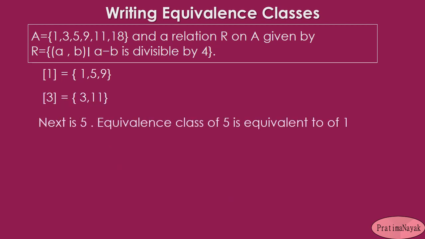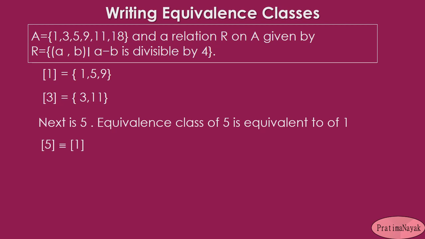So the equivalence class for 1 we wrote, the equivalence class for 3 we also wrote. Next is the equivalence class for 5. It is equivalent to the equivalence class of 1, because 5 minus 1 is divisible by 4 and 5 minus 9 is also divisible by 4.